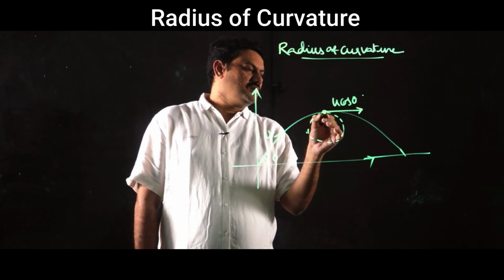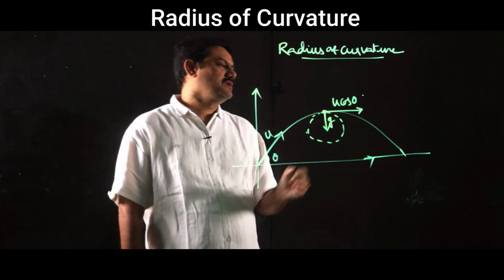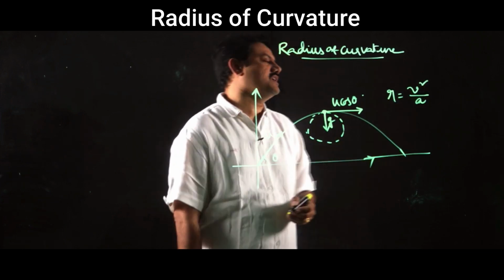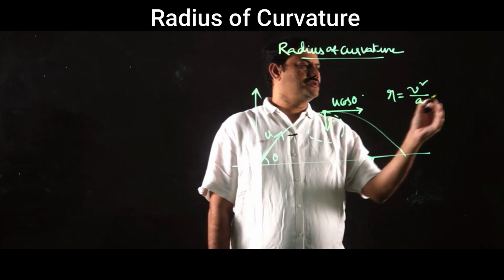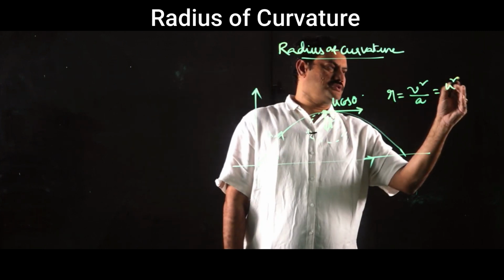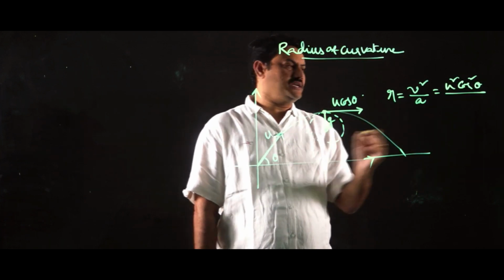The acceleration towards the center is equal to g. So you know r is equal to v square by a. Radius of curvature r is equal to v square by a. So that is equal to v, the velocity at this point, u square cos square theta by the acceleration towards the center of the circle, g.